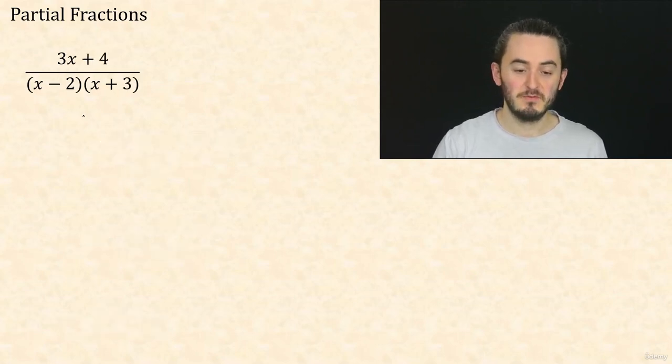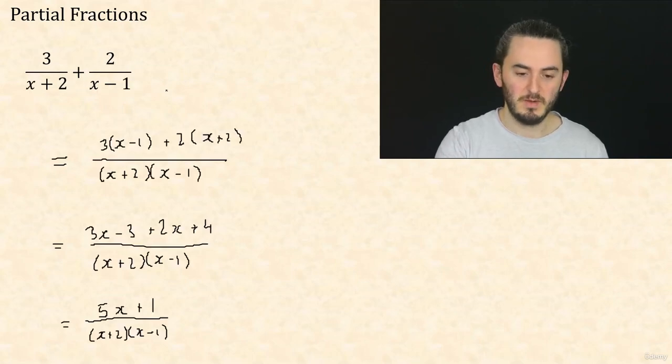Here we've got an algebraic fraction, and what we'd like to do is split it into two fractions added together. You can see in the previous example that when we added together two algebraic fractions that had denominators of x plus 2 and x minus 1, we ended up with x plus 2 times x minus 1 on the denominator.